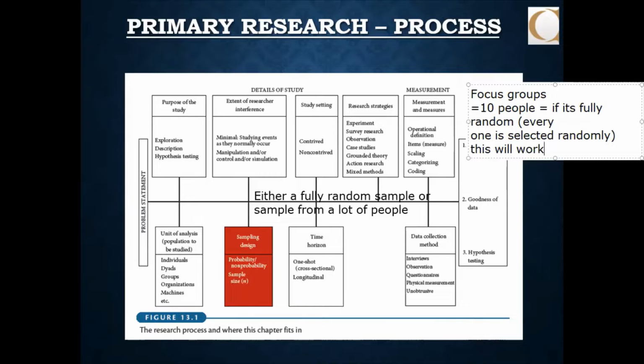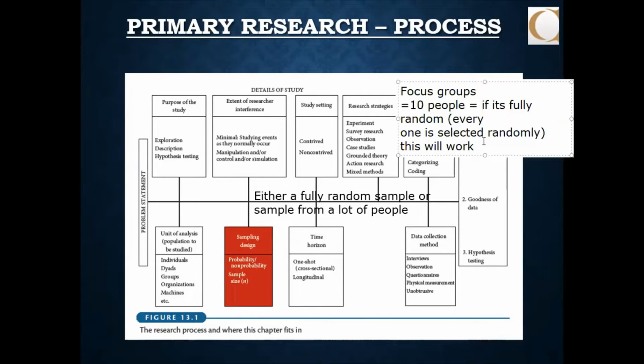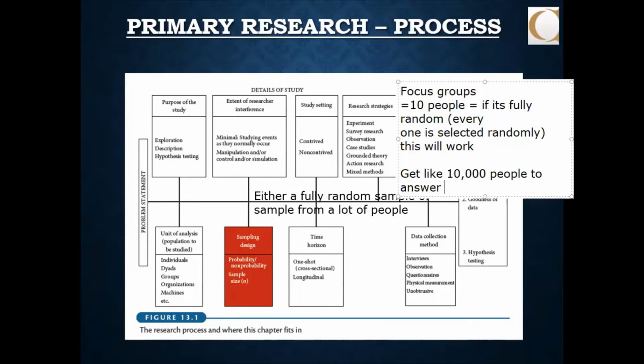So you could do it like that if you want, but if you can't get that, then you have to get 100,000 people, 10,000 people to answer. For example, this is how they do political polling.